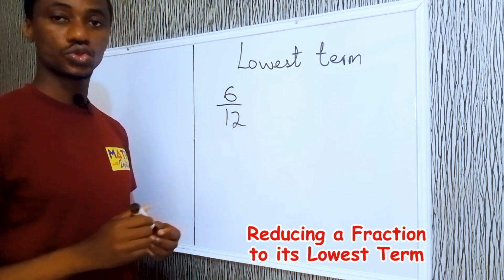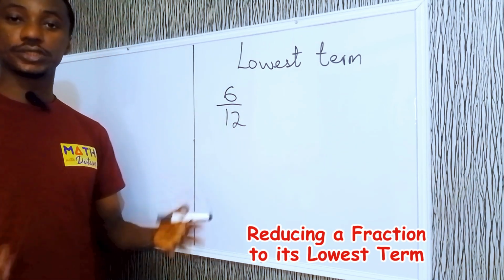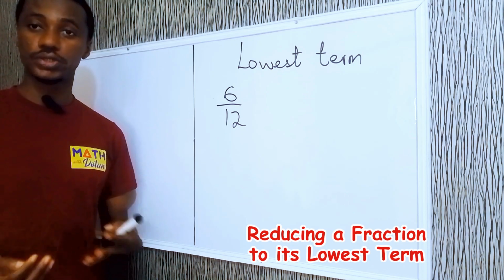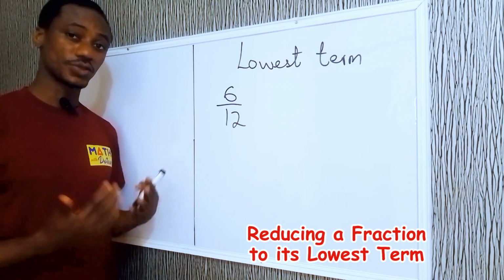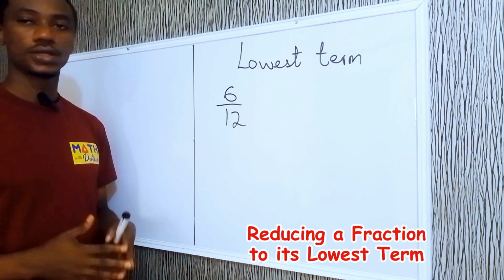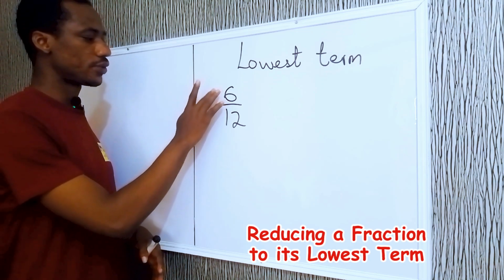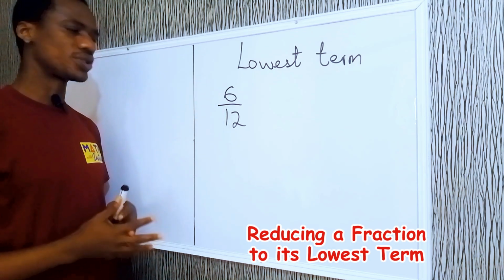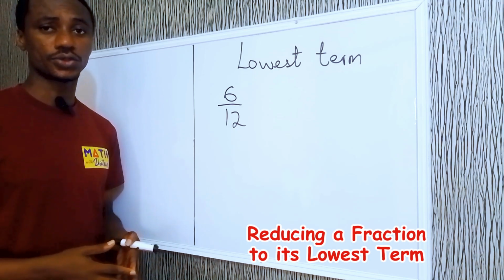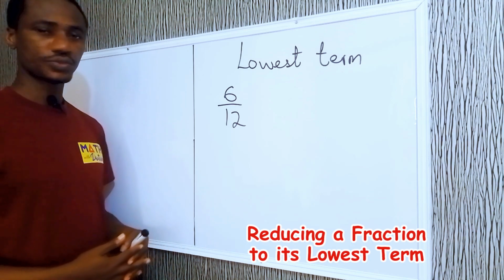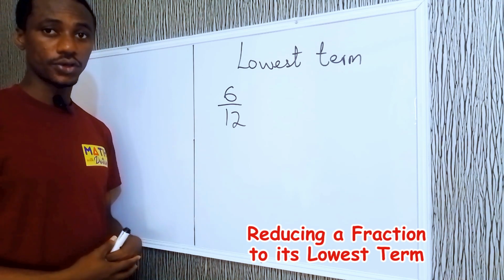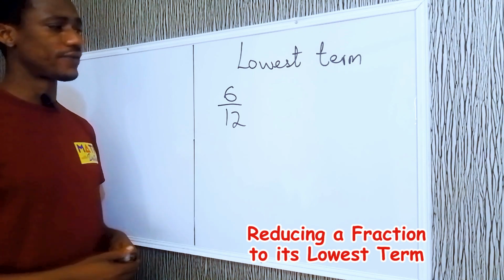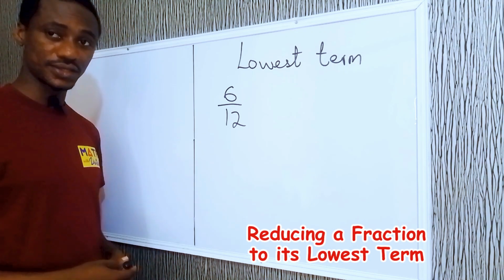6 over 12. How do we reduce 6 over 12 to its lowest term, or simplify it to its simplest form? We look at the numerator, which is 6, and the denominator, which is 12. I'll check the highest common factor, the greatest common factor of 6 and 12. The greatest common factor of 6 and 12 is 6.